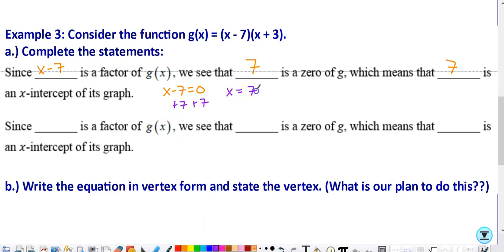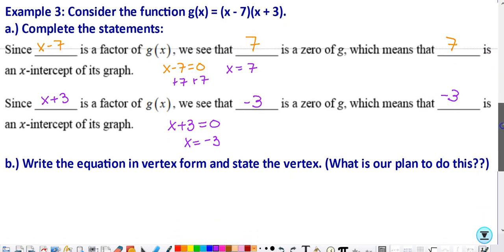That's when x is 7. Okay, let's do the other factor, x plus 3. So we see that -3 is a 0, which means -3 is an x-intercept. They're also called roots.